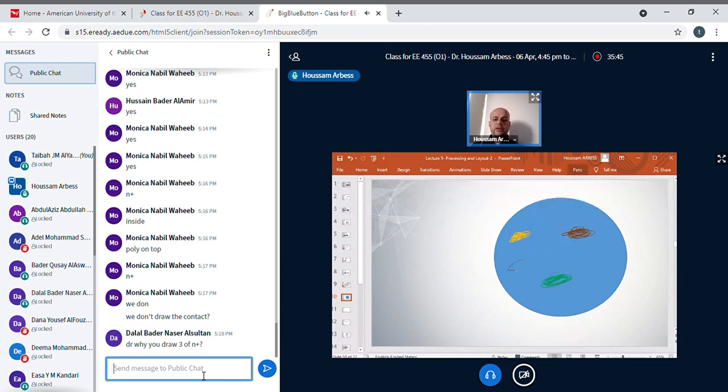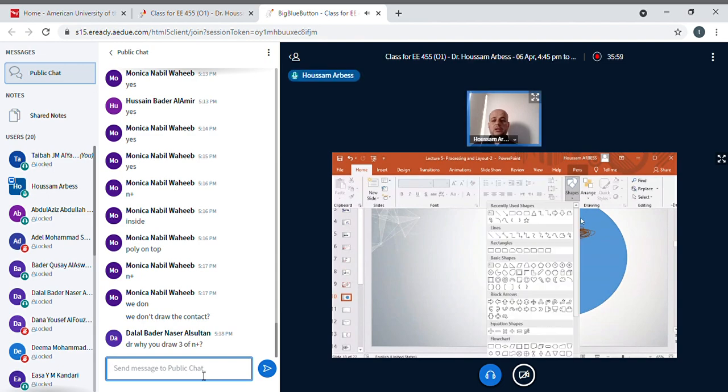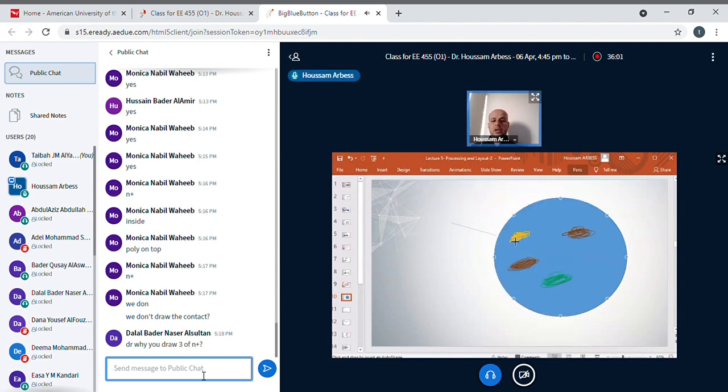Let's say here I have another piece of chocolate, so two pieces of chocolate. Now, if I cut this cookie along this line, what can I see?